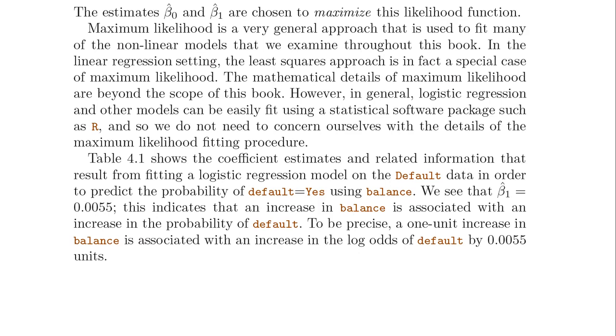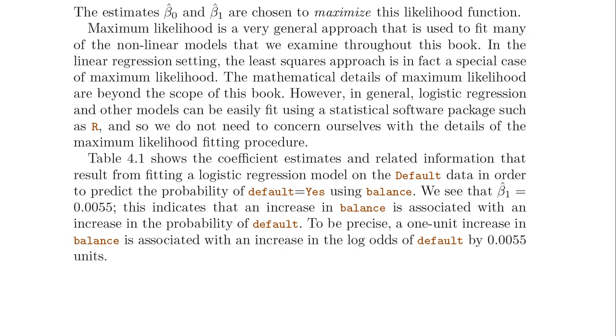Table 4.1 shows the coefficient estimates and related information that result from fitting a logistic regression model on the default data in order to predict the probability of default equals yes using balance.